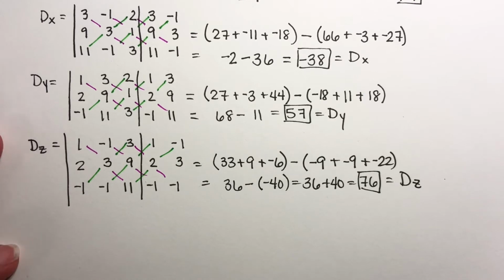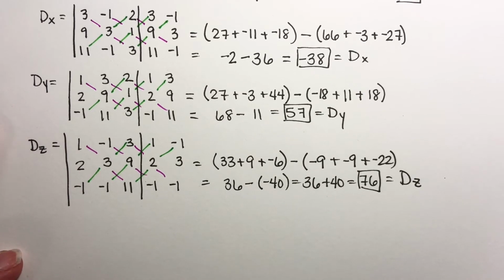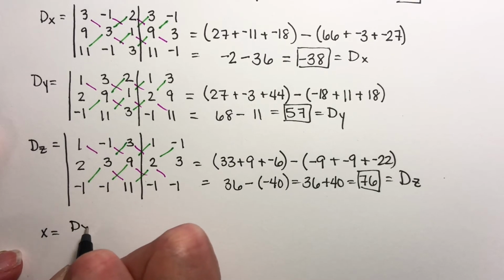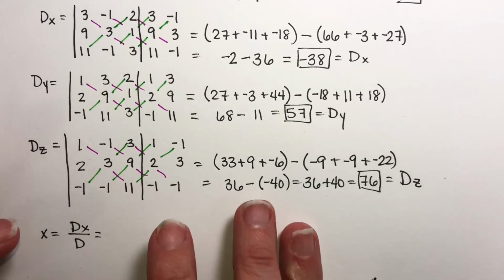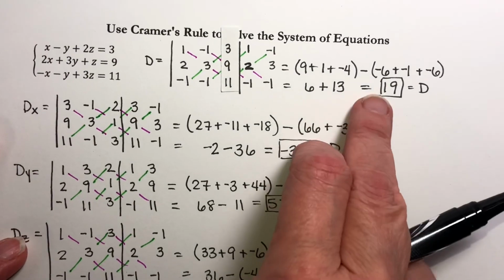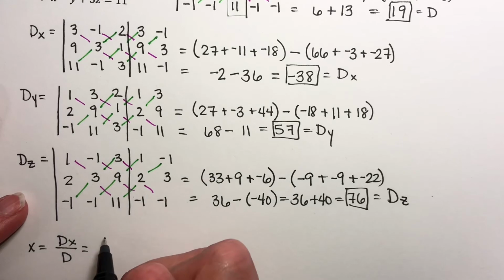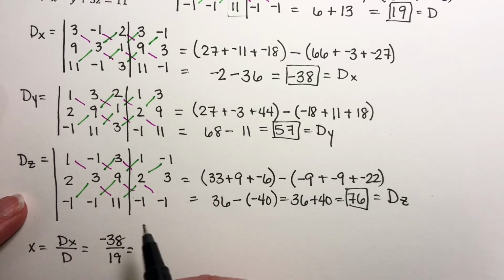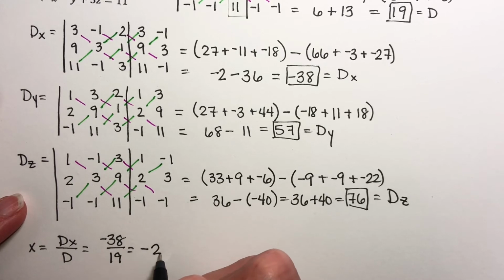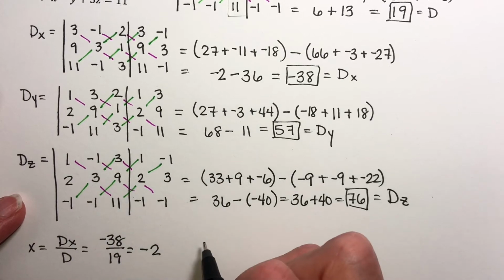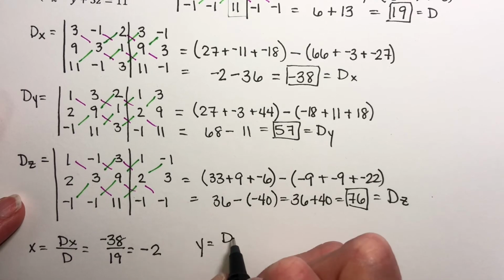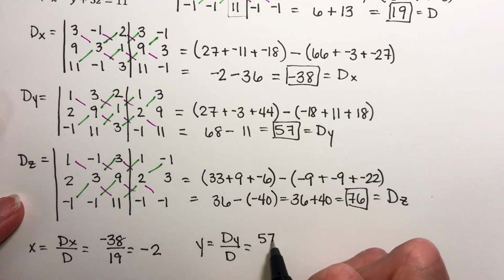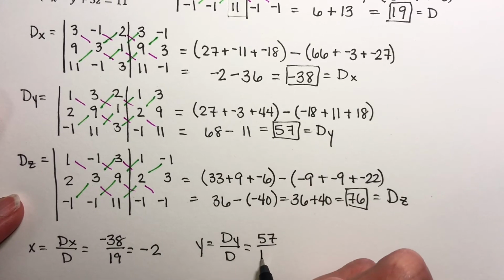Okay, now we just need to find our answers. Everything's here, we just have a couple of divisions to do. Our x value is dx over d. dx was negative 38, d was 19. So I have negative 38 divided by 19, and that value is a negative 2. Now for y, this is dy over d. So that would be 57 over 19.